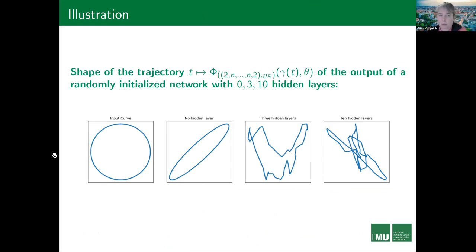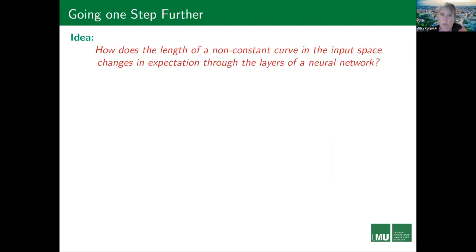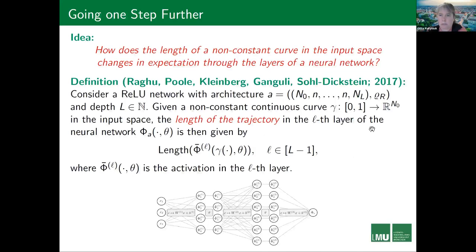So you can ask also to which extent the lengths of these resulting curves depend on the number of layers. And so this was used by those colleagues to have a different notion of expressivity of neural networks. So, as I said, we have a real neural network, we have a non-constant continuous function on the input space, and we are interested in the length of the trajectory at the l-th layer as we push that through the neural network.